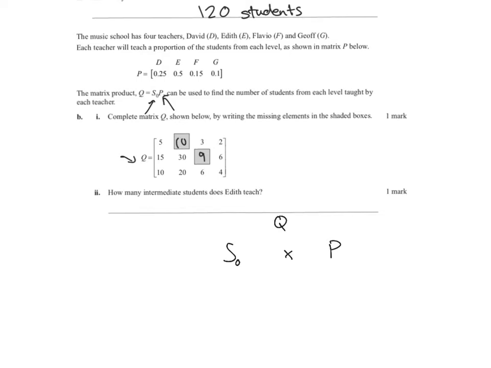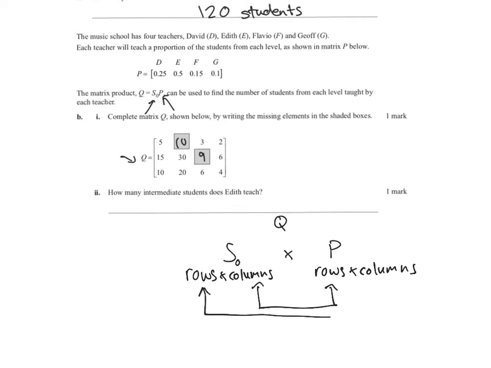When we're multiplying matrices, we do rows by columns. The columns of the first have to match up with the rows of the second, so these two numbers have to be the same. Our resultant is going to be our rows and our columns.